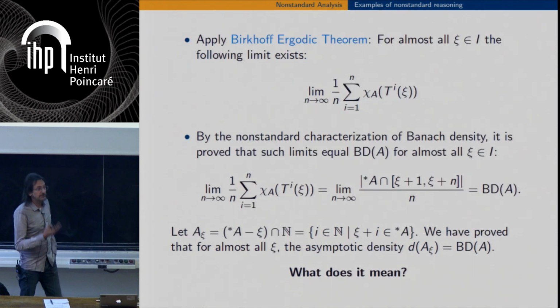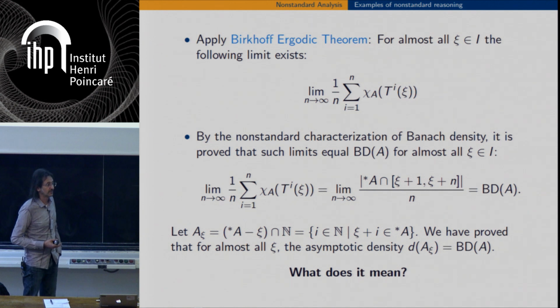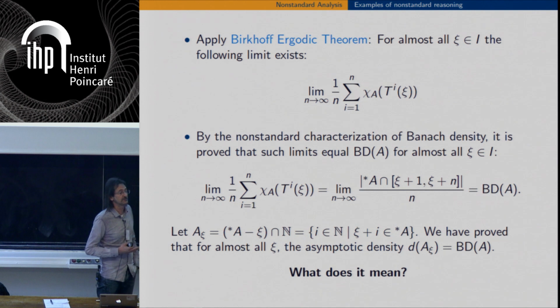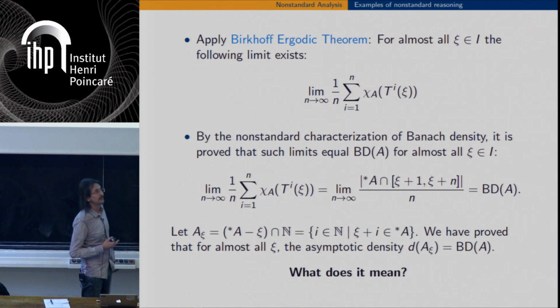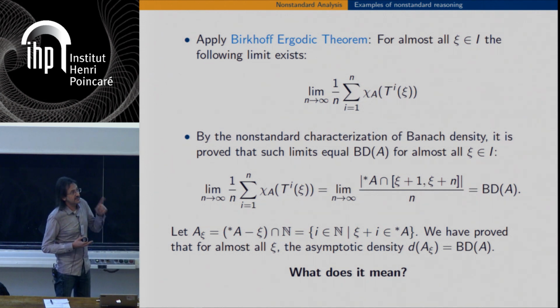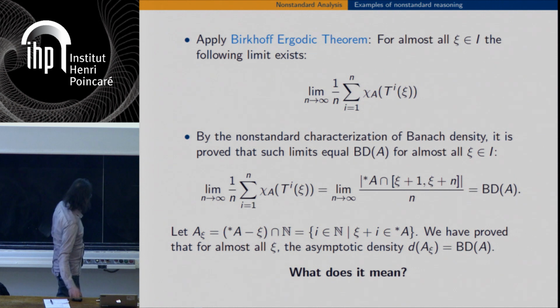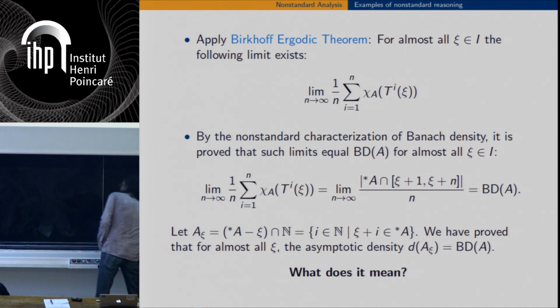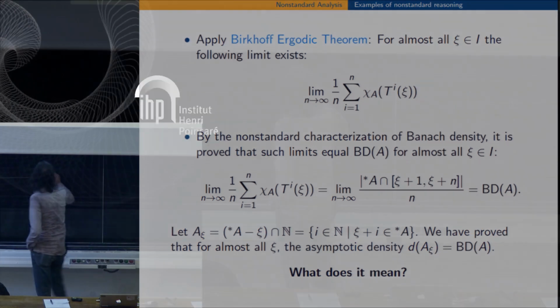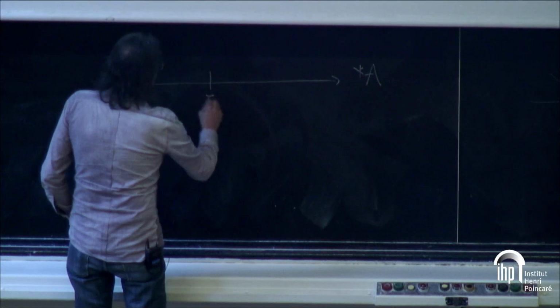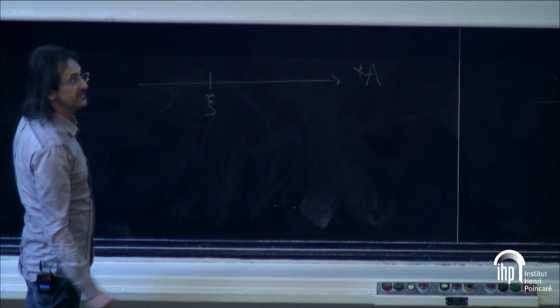Now we can apply the Birkhoff ergodic theorem. And so we have that almost everywhere with respect to this measure, this limit exists. So now let's have a look. What does it mean, taking that limit? That limit, as you see, is you take the non-standard extension of A, for almost all points xi.